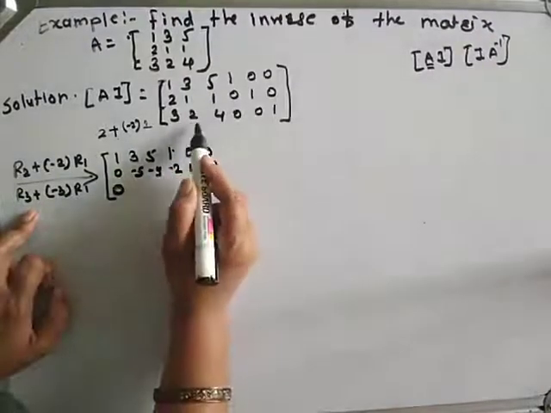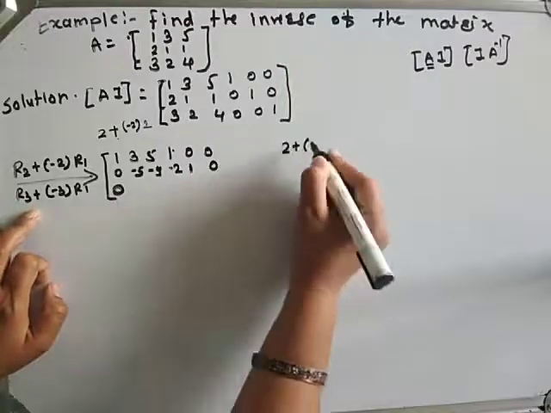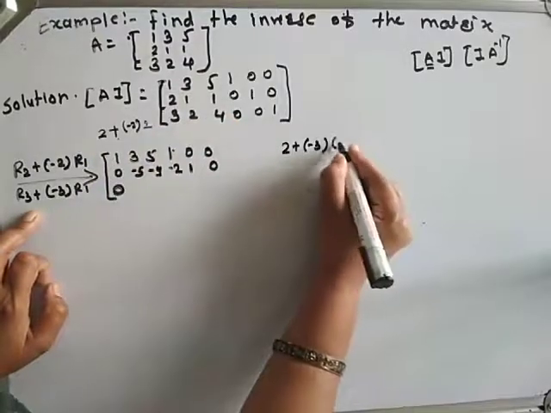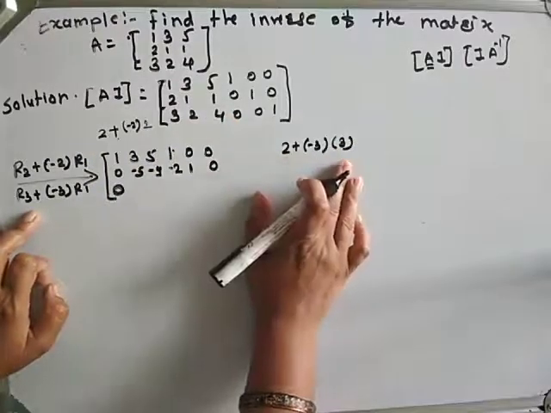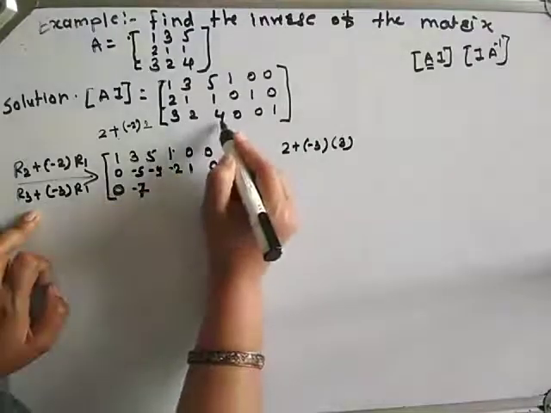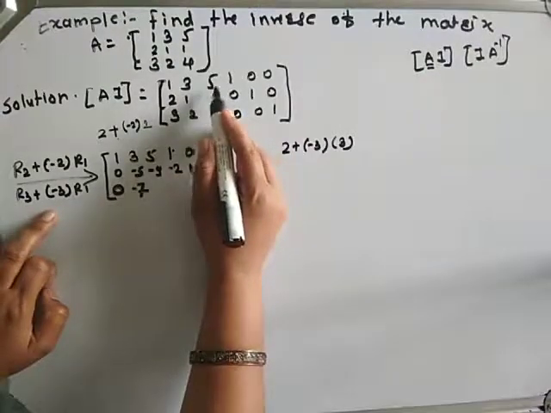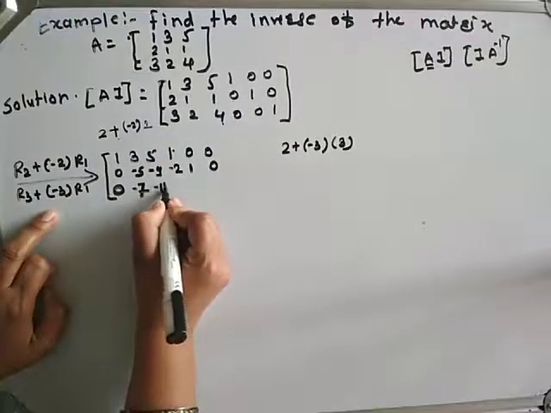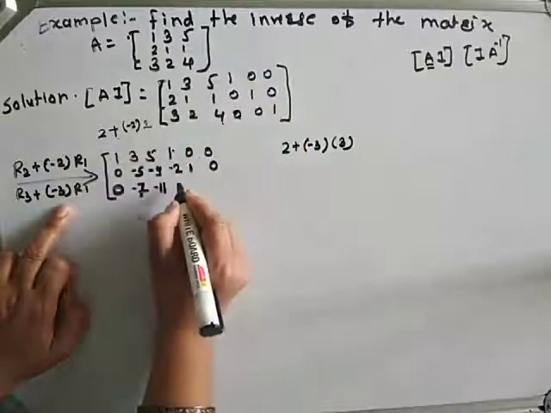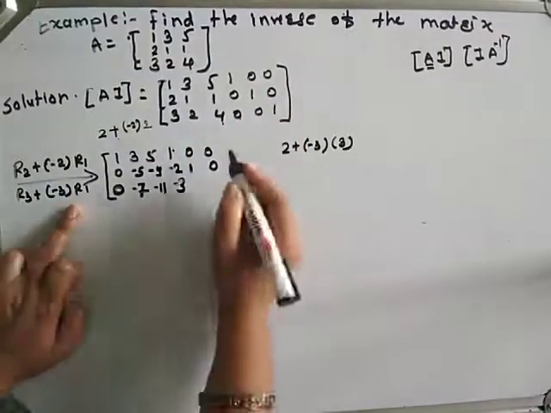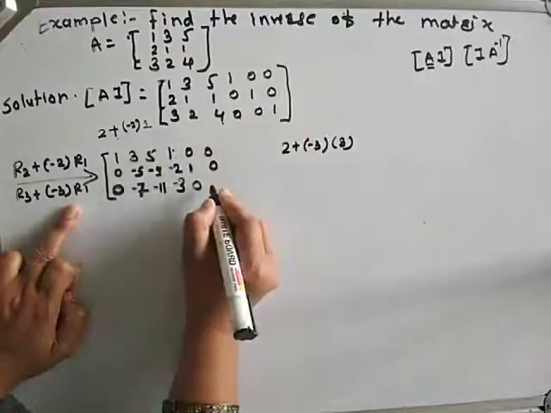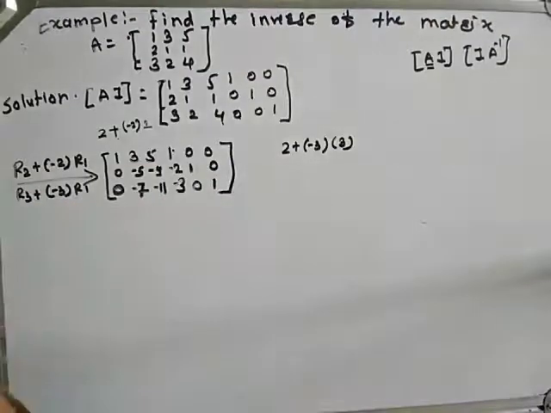Then 2 plus minus 3 into the corresponding entry, 3: 2 minus 9, which is minus 7. 4 minus 15 means minus 11. 0 minus 3 is minus 3. 0 minus 0, 1 minus 0, see, 1.